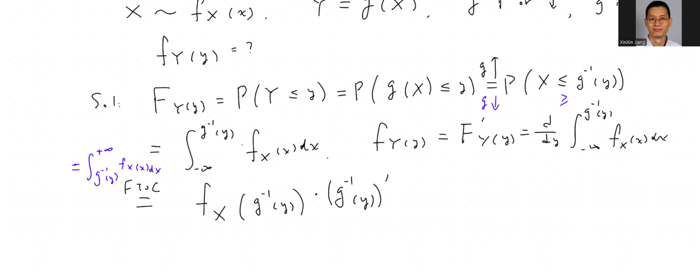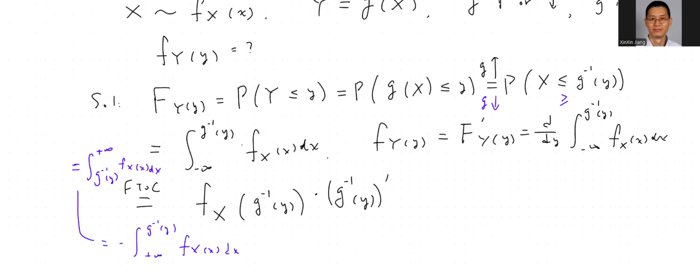But then you can actually flip the lower limit and upper limit, and you would get a positive here and a negative sign in front of it. So let's see, maybe I'll continue somewhere here. You have a negative, and the integral from g inverse of y to positive infinity of f of x dx.